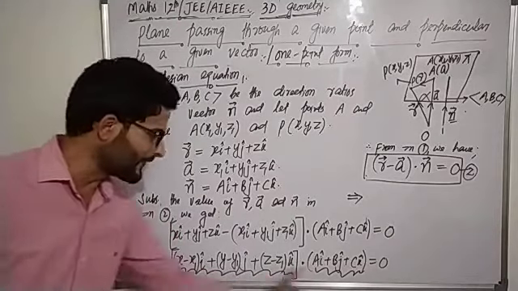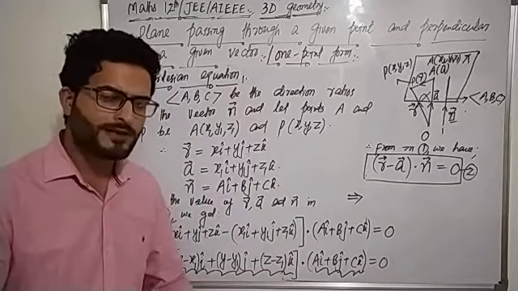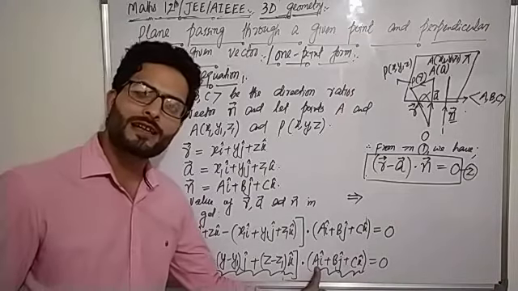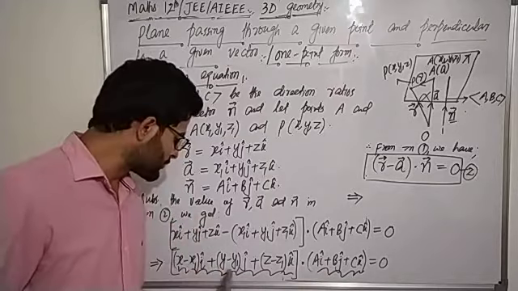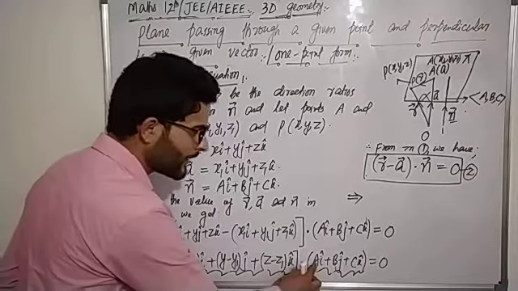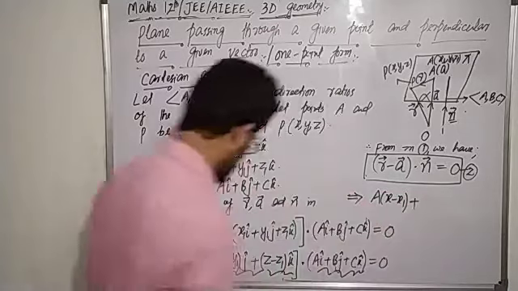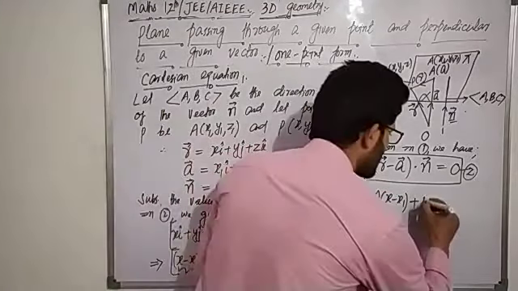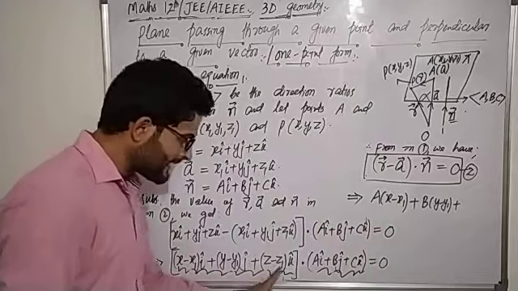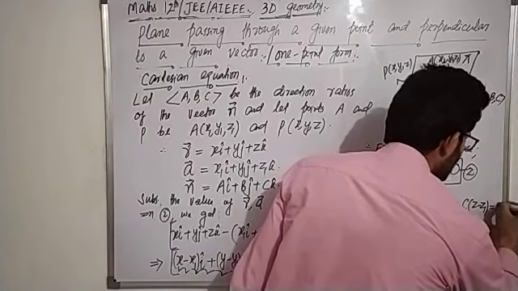The dot product of two vectors when they are expressed in terms of their components किसके बराबर होता है, sum of products of their corresponding scalar components। यानी पहले स्केलर कंपोनेंट को पहले के साथ मल्टीपल प्लस, दूसरे को दूसरे के साथ मल्टीपल प्लस, तीसरे को तीसरे के साथ मल्टीपल। सो दैट इज a into x minus x1 plus b into y minus y1 plus c into z minus z1 and that's equal to 0.